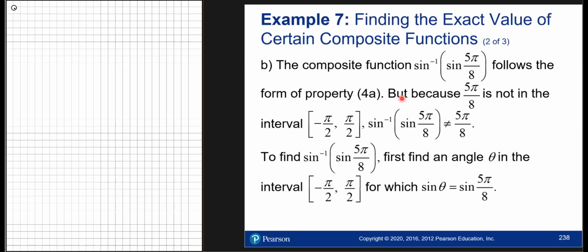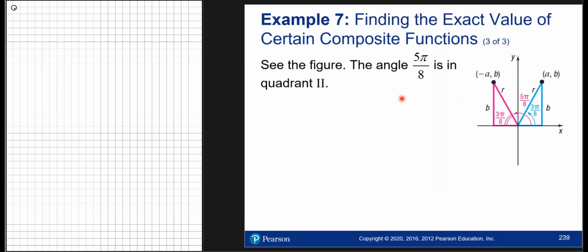And here's a nice picture. So this is where we start talking about reference angles and quadrants.